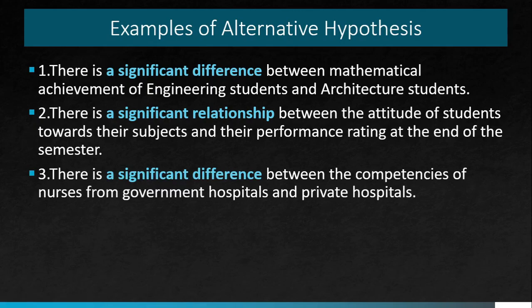And last, there is a significant difference between the competencies of nurses coming from government hospitals and private hospitals, in which it implies that between these two groups of nurses, one is above the other. Okay? So one is above the other. So these are examples of your alternative hypothesis.